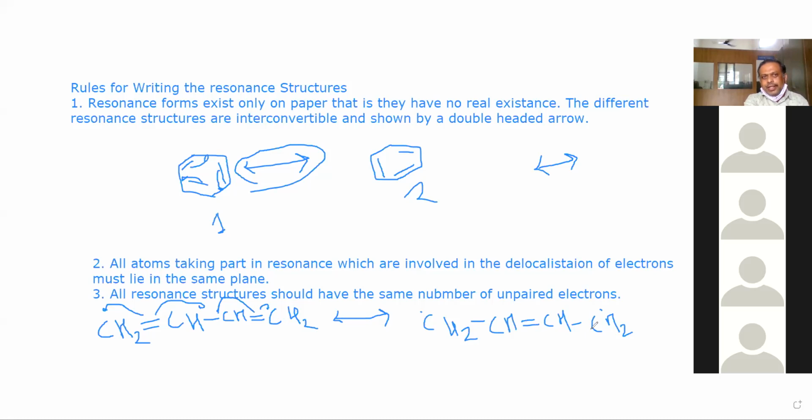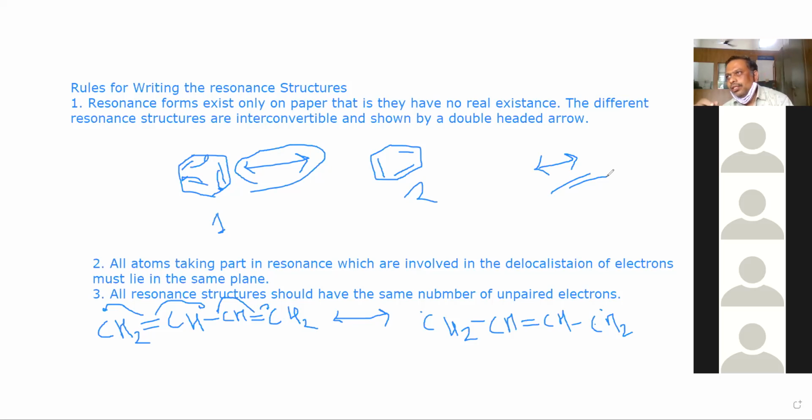पहिले 3 rule लक्षात आले. Resonance forms exist only on paper, that is, they have no real existence. This is a hypothetical phenomenon. Different structures are interconvertible, shown by a double-headed arrow. This is the symbol of resonance. Rule number 2, all atoms taking part in resonance which are involved in the delocalization of electrons must lie in the plane. Planarity is the most important parameter.